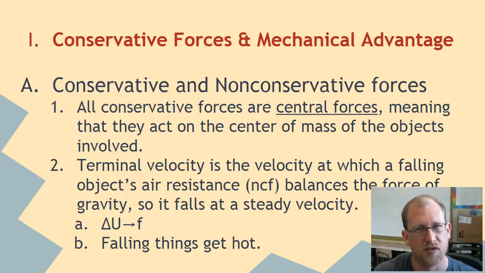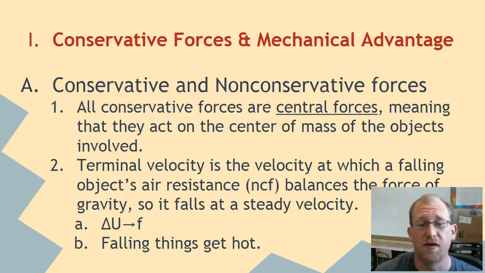And basically, most of physics considers things as point masses until you get into air resistance, which we won't deal with very much. But we deal with it a little bit in this concept here with terminal velocity. I won't ever make you calculate this, but you should be familiar with the term.